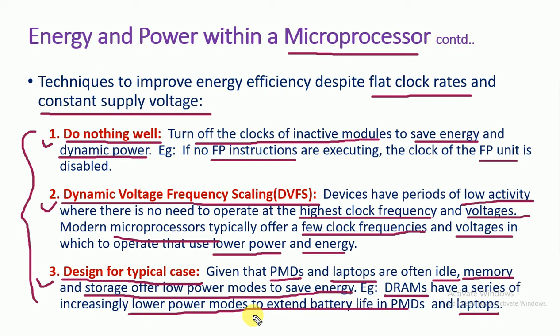If we set the power mode within the mobile phone, we can save the energy, we can save the power requirement. So many of the mobile phones have the provision for setting these, that is for reducing the power requirement for that particular system.